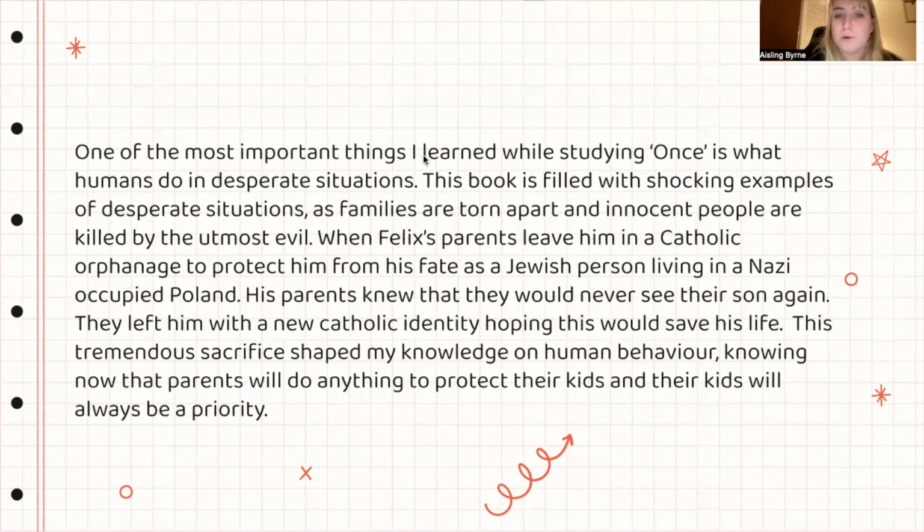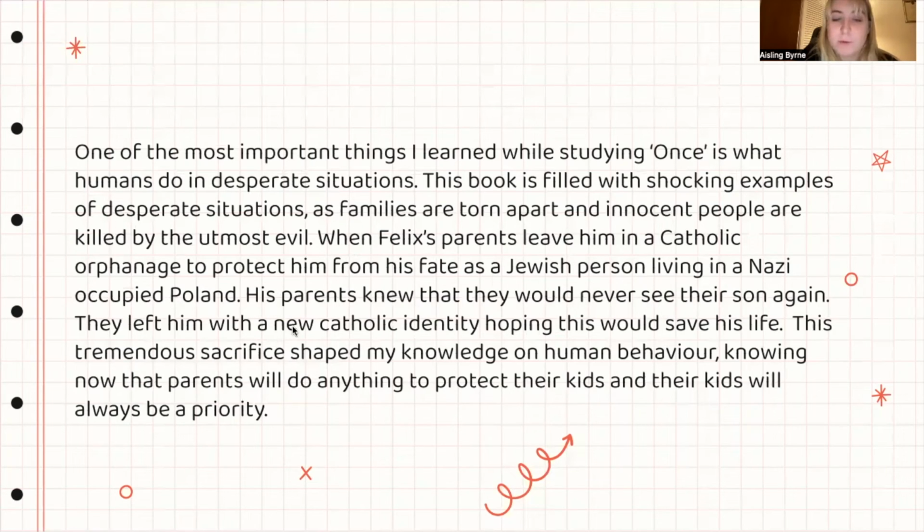One of the most important things I learned while studying Once is what humans do in desperate situations. This book is filled with shocking examples of desperate situations as families are torn apart and innocent people are killed by the utmost evil. When Felix's parents leave him in a Catholic orphanage to protect him from his faith as a Jewish person living in Nazi-occupied Poland, his parents knew that they would never see their son again.